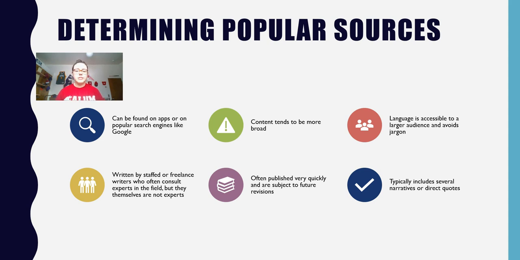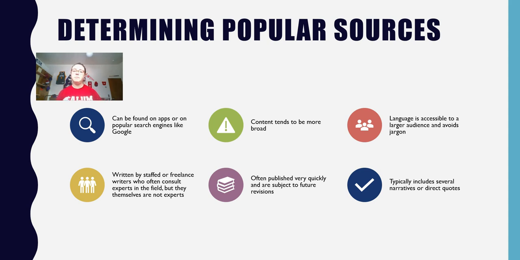Also, with popular sources, they tend to be published very quickly and are subject to future revisions. So, like I said earlier, it's very unlikely that you will see any kind of redacted or corrected material in a scholarly source, and that is because it has a longer turnaround rate. But with popular sources, we get new stories almost every hour.